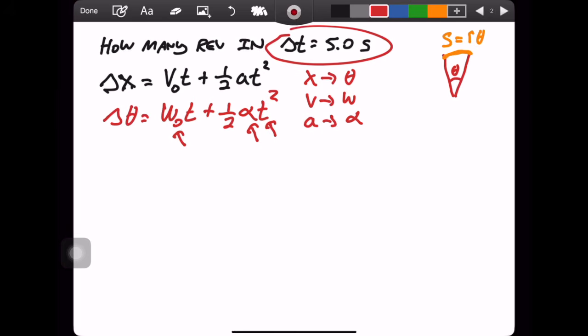That's given to us right here. So you literally plug all those numbers in. And in the interest of time, I'm going to leave it to you to plug in the numbers. But one last thing. When you get your total delta theta by plugging all those numbers in, this delta theta is going to be the amount of angle swept. But this is asking for how many revolutions.